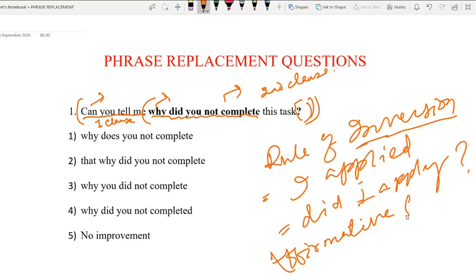The way we write an affirmative sentence, that is subject plus verb structure, should be followed here.